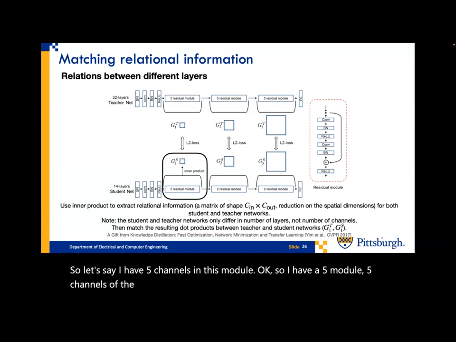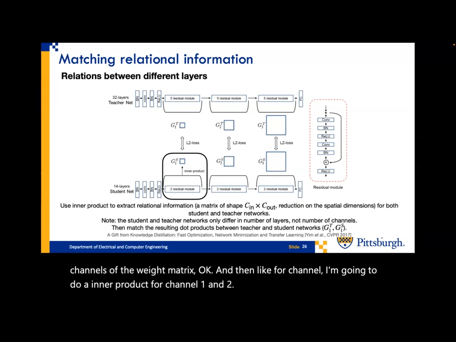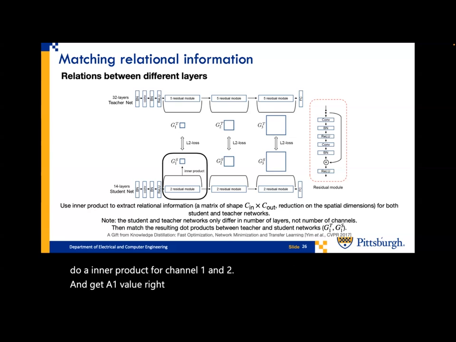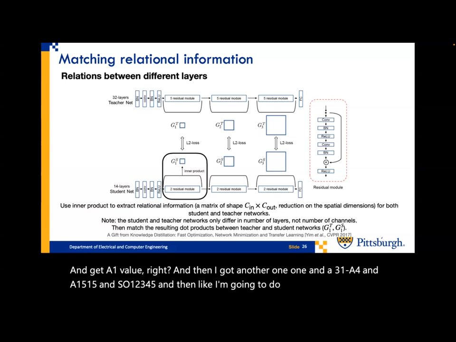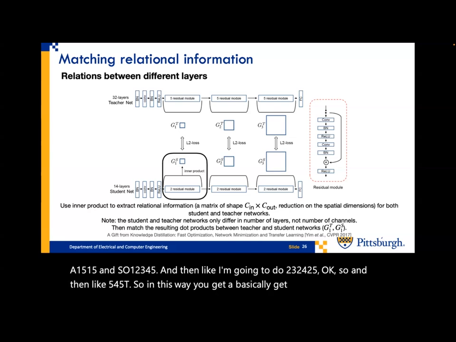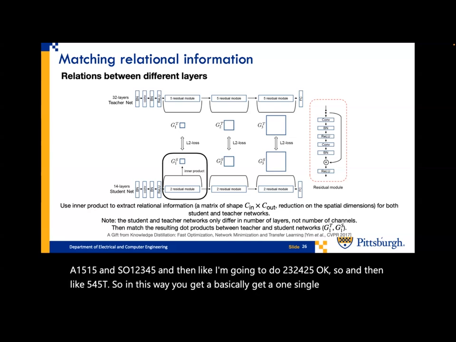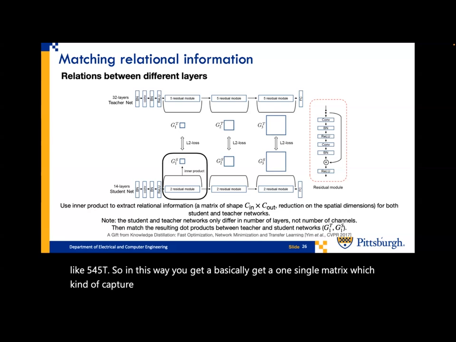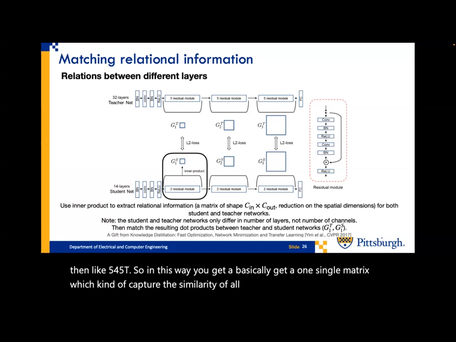I do an inner product for channels 1 and 2 and get one value, then 1 and 3, 1 and 4, 1 and 5, then 2 and 3, 2 and 4, 2 and 5, and so on. In this way, you get a single matrix which captures the similarity of all these channels. Does that make sense?